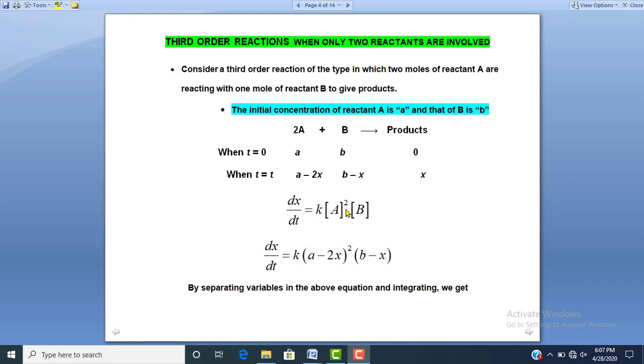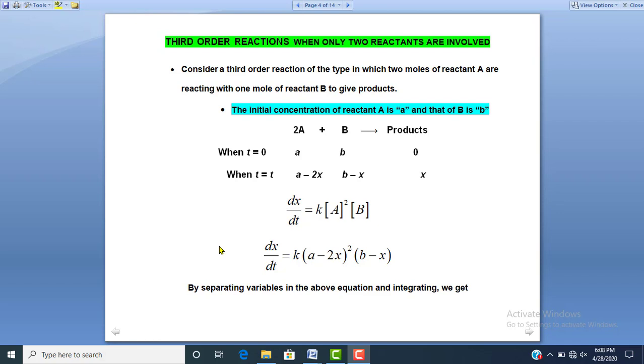A square has been written here because there are 2 moles of A. But when we write the concentrations of A and B in terms of their moles, this rate of reaction dx over dt will be equal to rate constant k into (a minus 2x) square into (b minus x).